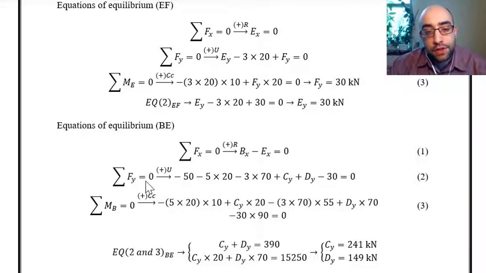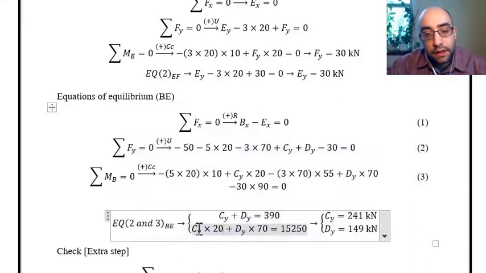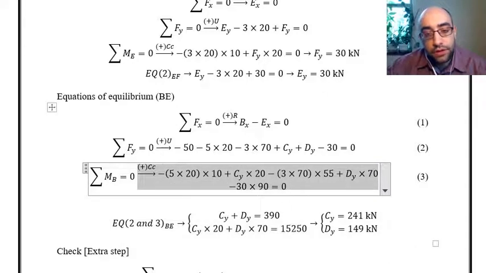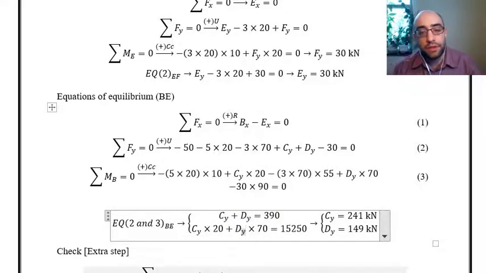The first equation is summation of forces in the vertical direction equal to 0, and the second equation is summation of moments about point B equal to 0. If I put these two equations next to each other, we can see Cy plus Dy is 390. That is this equation over here. And then the second one is this equation over here. So two equations, two unknowns, you can simply put it in your calculator or use the methods from mathematics to solve the system.